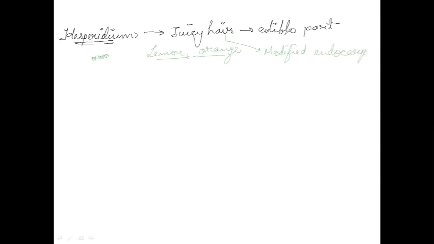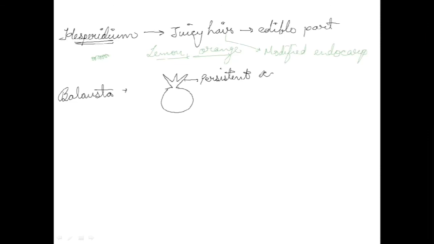Then the second fruit we have got is Balausta. Balausta, again this is one fruit, and in this fruit the calyx remains persistent, forming a crown shaped structure. This is the persistent calyx.